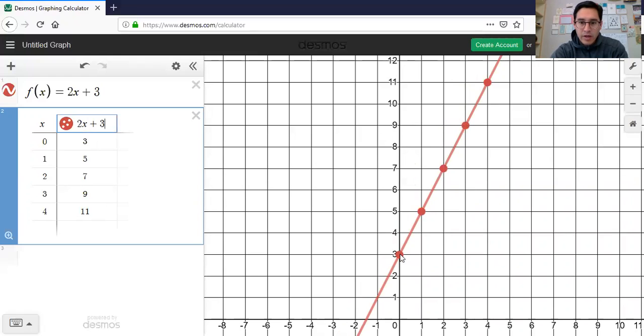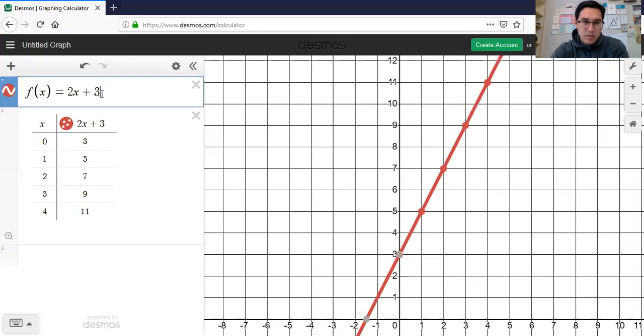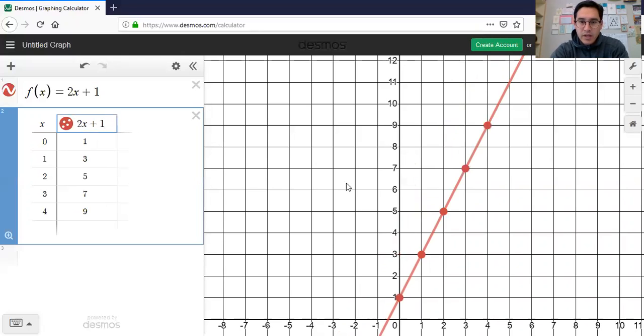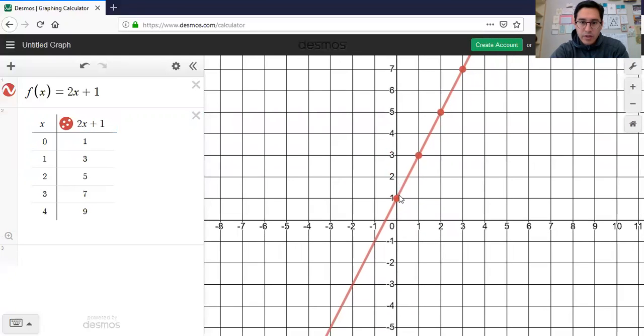Now our line crosses at the third value on the y-axis. If we make it just plus 1, that adjusts our line. Now it only crosses at y equals 1. So this is called the constant value in the function, and it's related to the y-intercept.